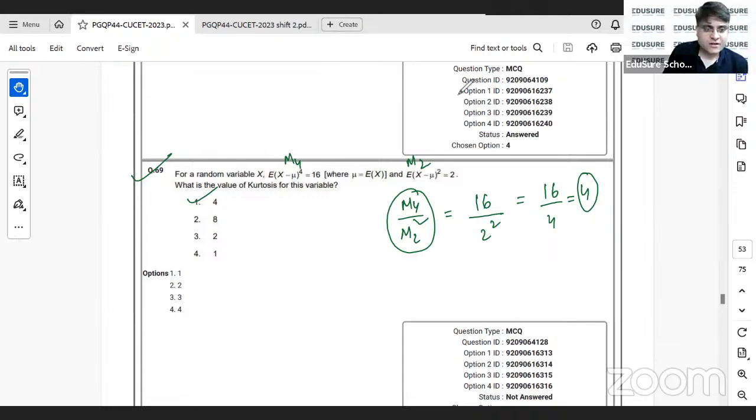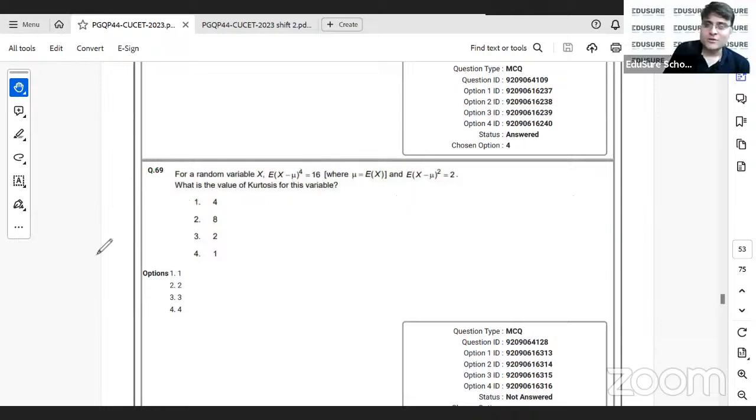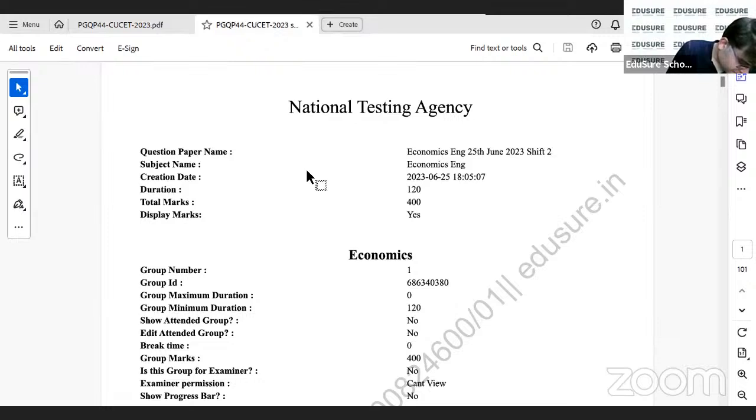69 done. Let's go sequentially. It will be very difficult for me to keep switching between the two shifts. So, shift 2 question number 60.